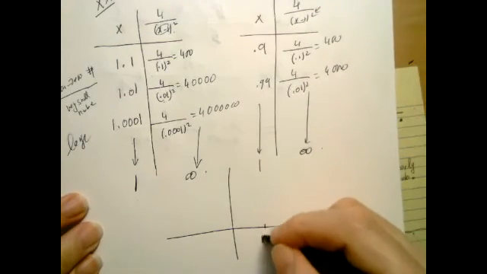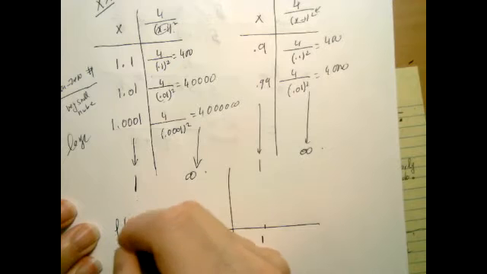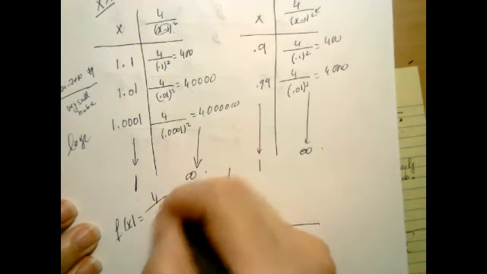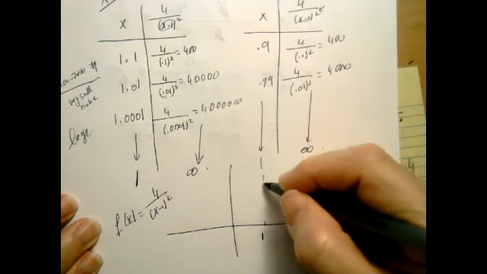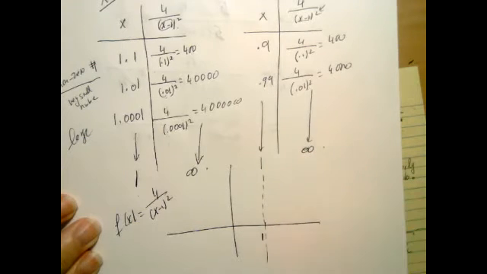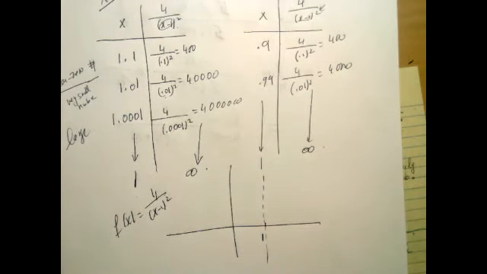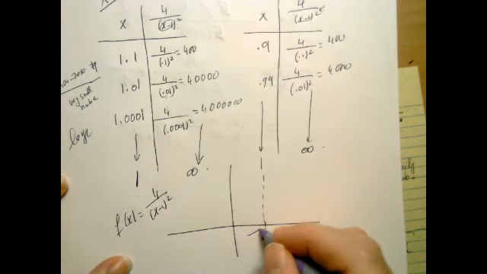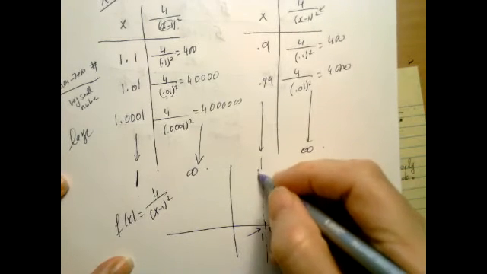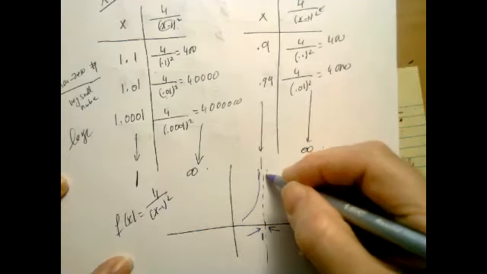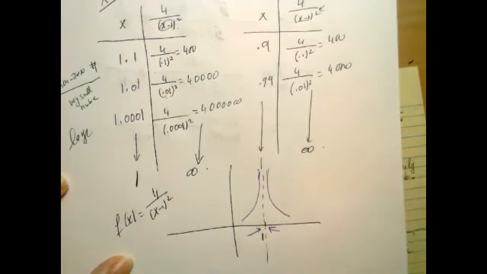And how will this affect graphically? This is 1. So how does this affect the graph of the function 4 over (x minus 1) squared? At 1, the function doesn't make sense whatsoever. It's not defined, period. But when getting close to 1 from either side, my function is blowing up. It's going like this. That's really the effect on the function.